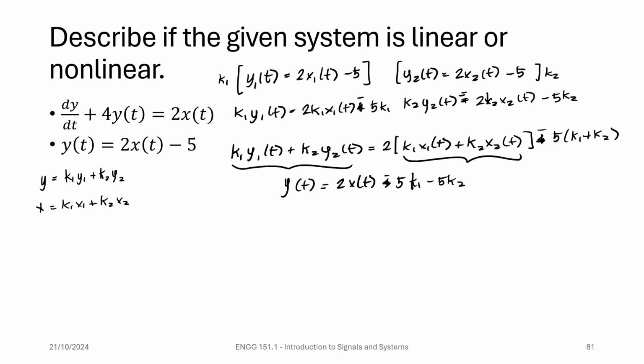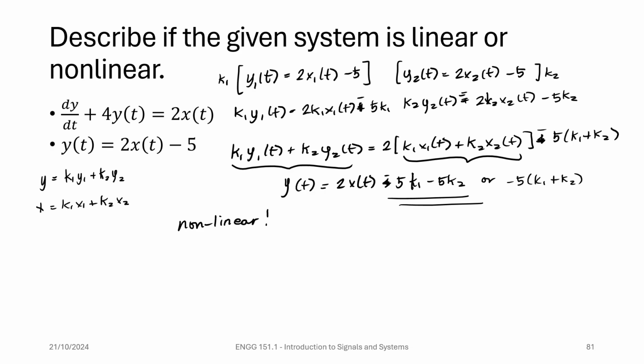Now, since nag-iba yung ating final answer dito, because of the addition of negative 5k1 plus k2, lagyan natin ito. Or negative 5k1 plus k2, ayan. Okay, so, since nag-iba nga yung ating output, hindi na siya parehas dito sa given, therefore this is non-linear.